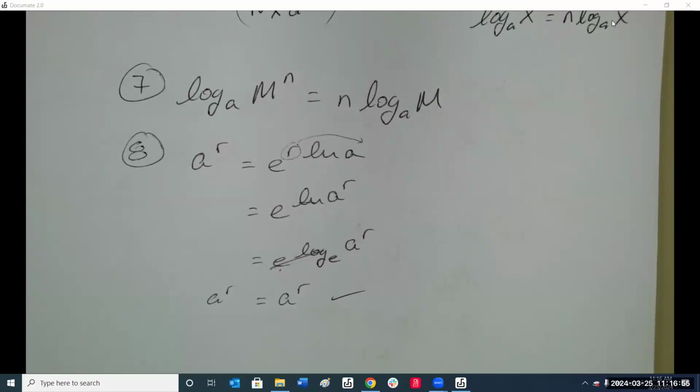Okay, so those are the properties. Let's expand them now. Let's do some examples.